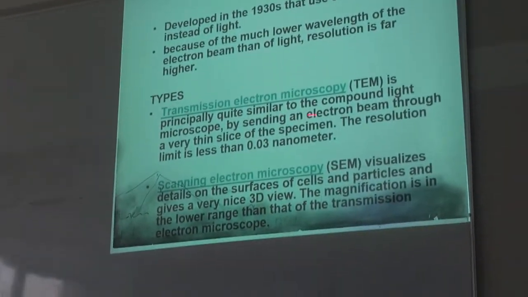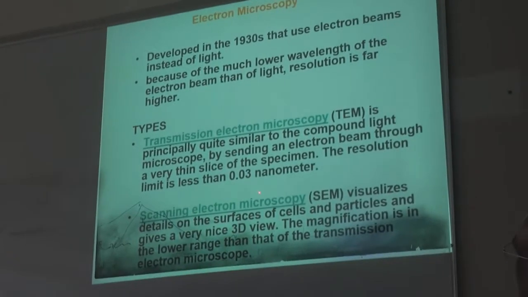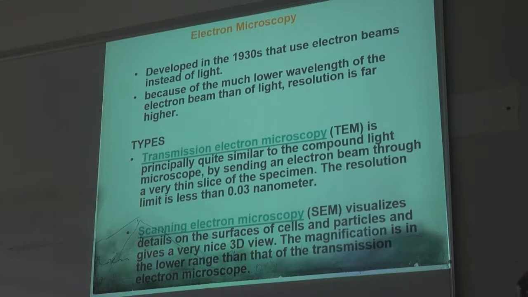In the transmission electron microscope, you can look at even features in the angstroms, even atomic scale. You can see atoms, right? Not as good as STM that I'm going to talk about, but you can look at angstrom scale features using TEM.